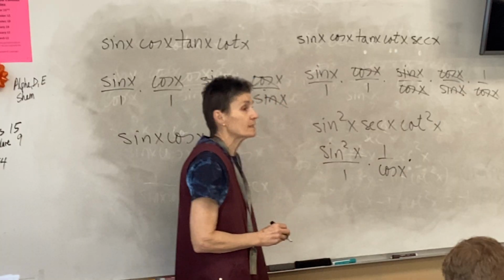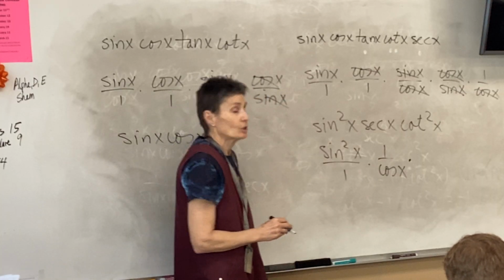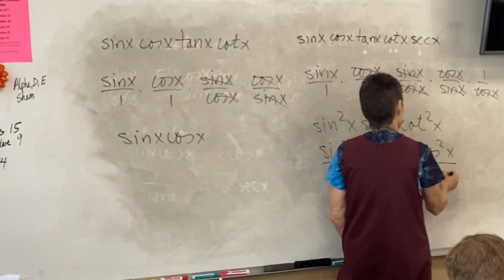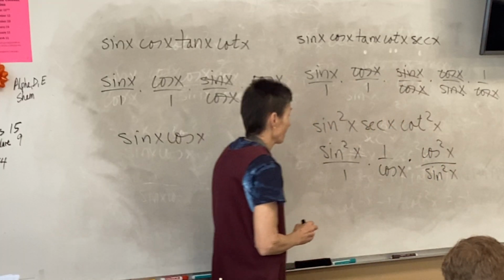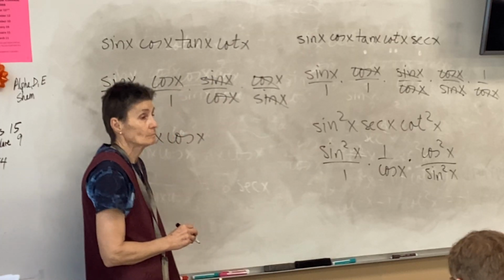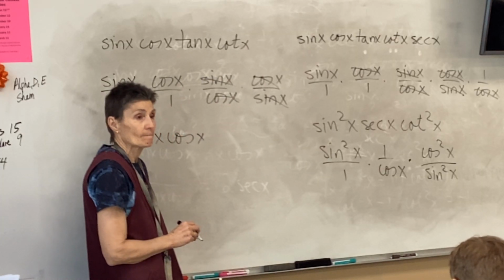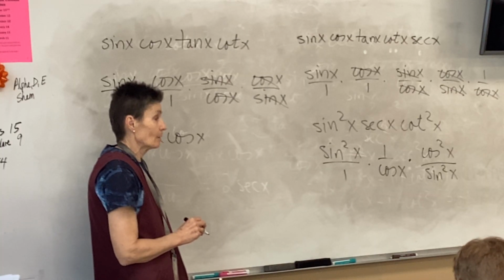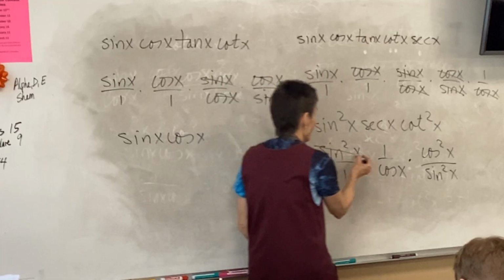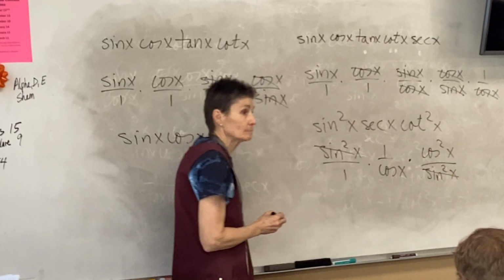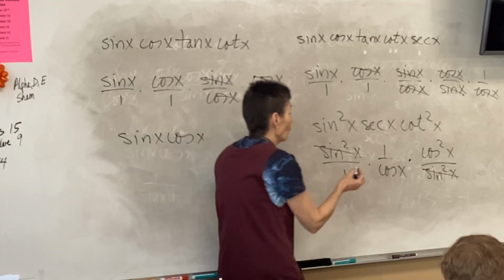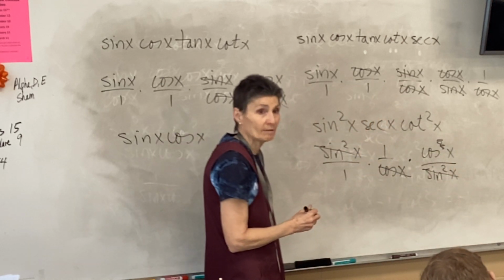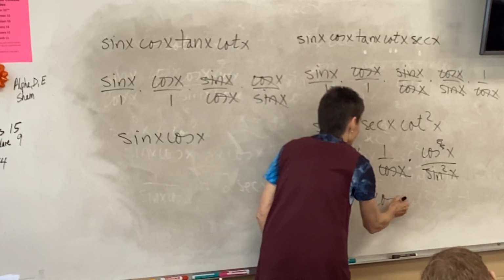What about cotangent? Cosine over sine, and that one is squared, so it'll be cosine squared over sine squared. What do we notice? Those cancel, right? And one of these will cancel, which leaves me with cosine.